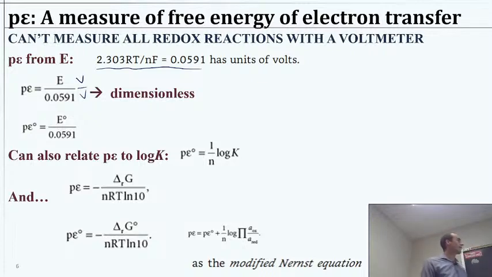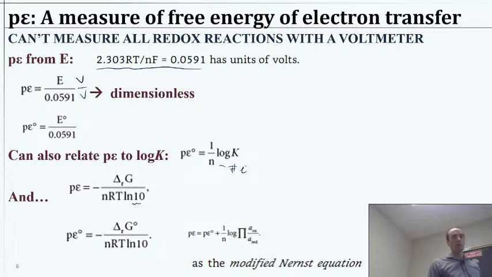In this case, it simply makes it that PE standard is 1 over n, again the number of electrons, I believe, involved with the reaction, times log K. And so we could write that PE standard is negative delta G formation divided by nRT times natural log of 10.